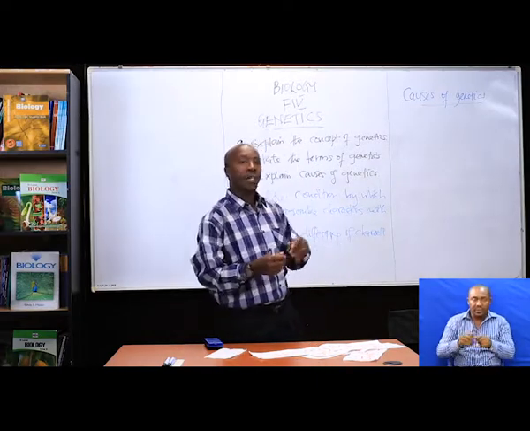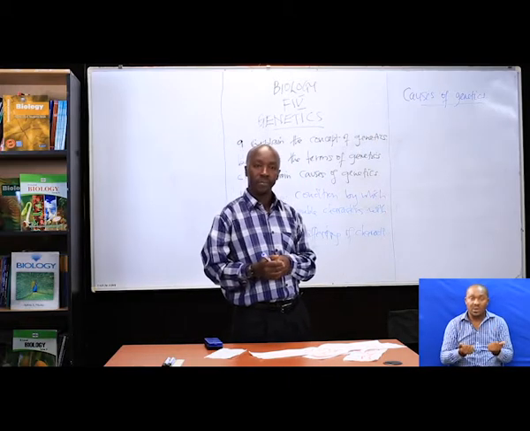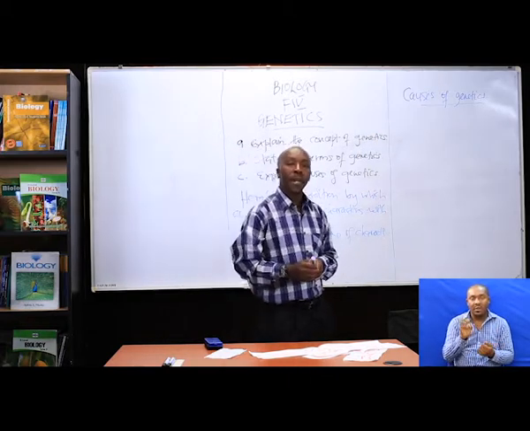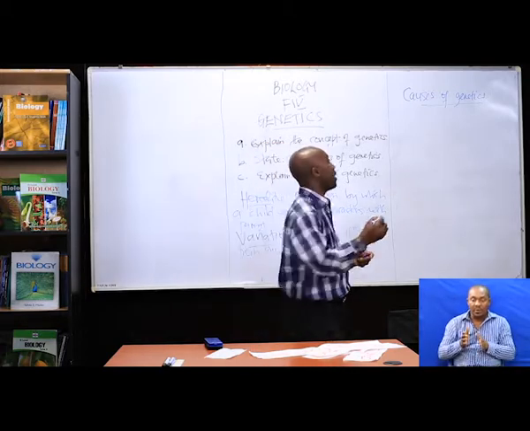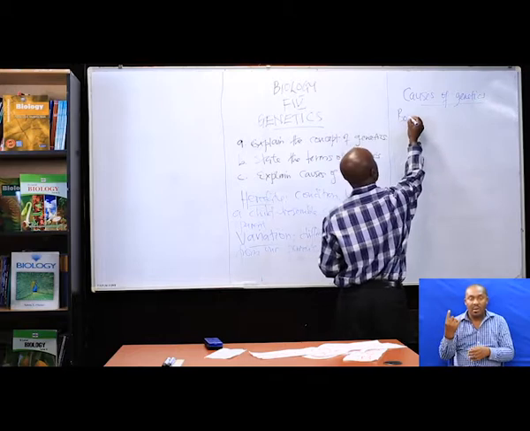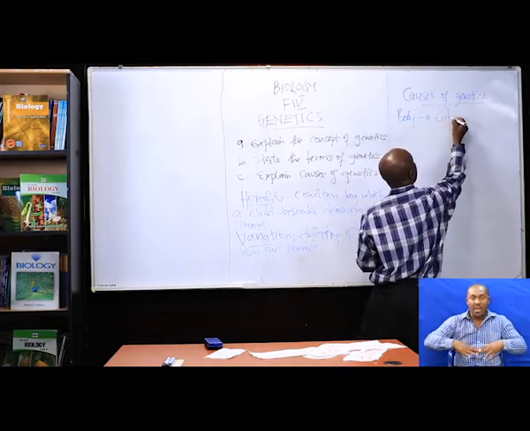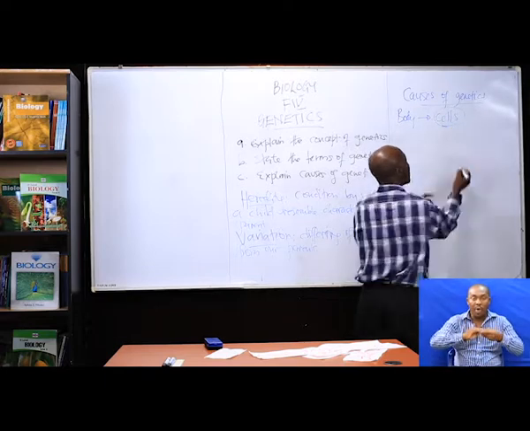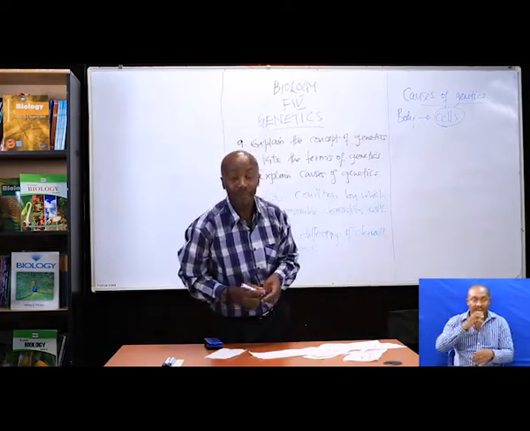So we want to see the causes of genetics. When you are in Form 1, my dear student, you are told that the body of living organisms is made up of what? They are made up of cells.